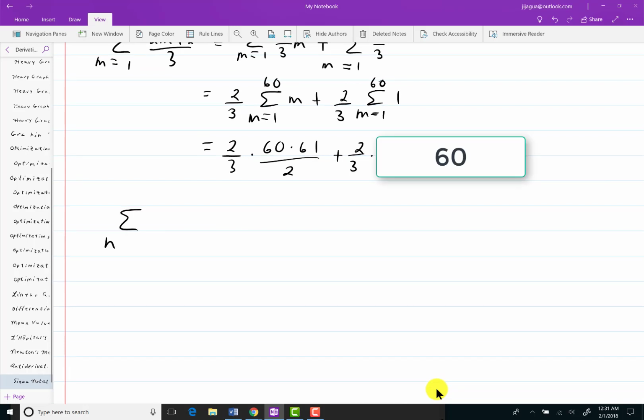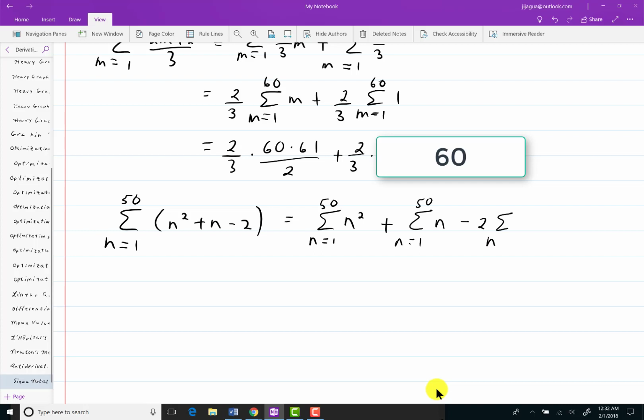Summation n equals 1 to 50 of n squared plus n minus 2. You could break up into the sum n equals 1 to 50 of n squared plus summation n equals 1 to 50 of n minus 2 times the summation from n equals 1 to 50 of 1.